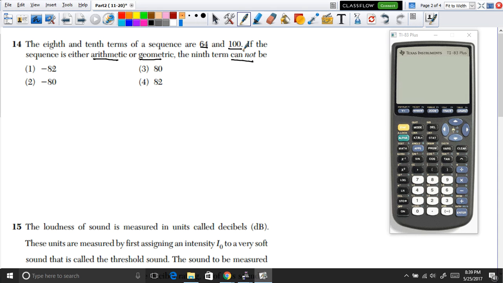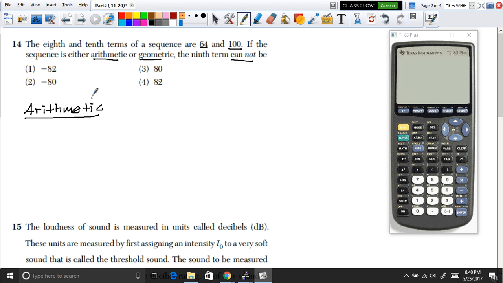All right, let's check the easy example first. Let's look at the arithmetic. Because we have arithmetic or geometric, we've got to look at both cases. So let's look at arithmetic first. Now, what do we have here?